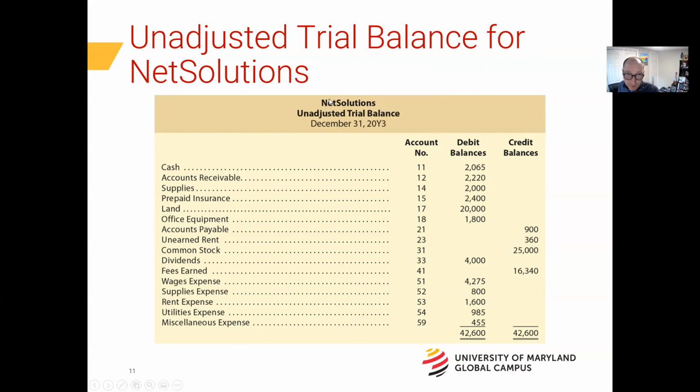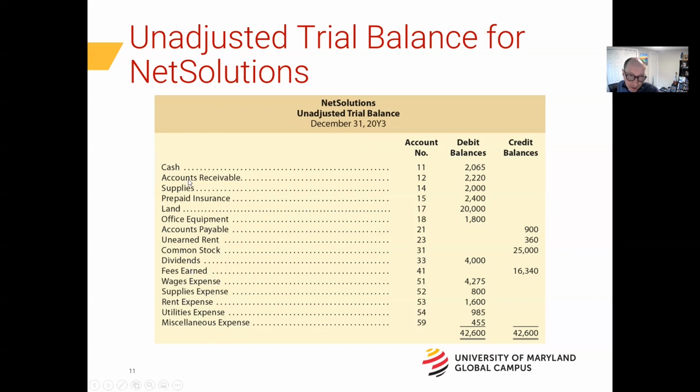And this is an example of an unadjusted trial balance. At the top, it'll have the company's name, the date, and unadjusted trial balance, and then it'll list out all of your accounts. They'll start with assets, then liabilities, then equity, and then you'll have your revenues and your expenses, just like in your chart of accounts, right?